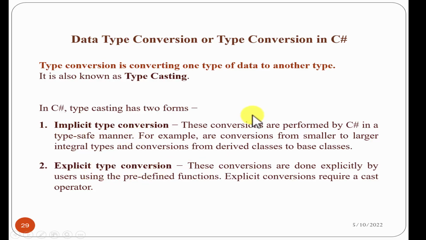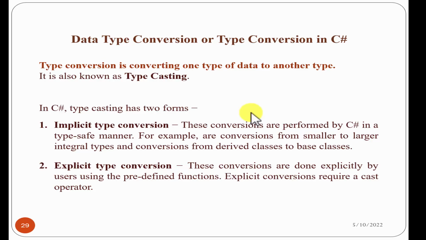Implicit typecasting is performed by the compiler automatically. The programmer never bothers about converting small data to big data. For integral data types, we have in C sharp byte, short, int, long, and char.